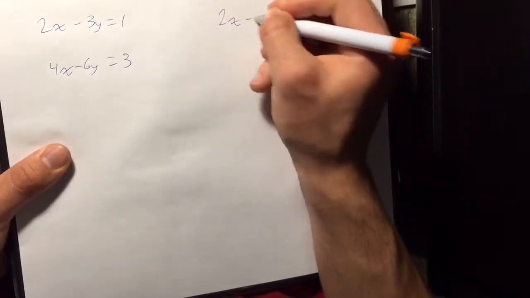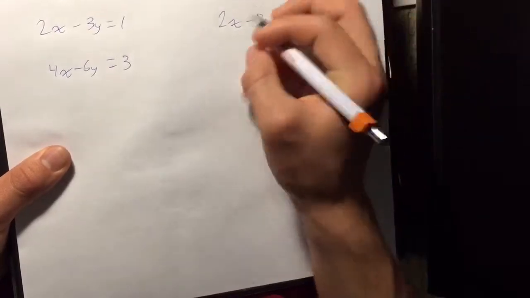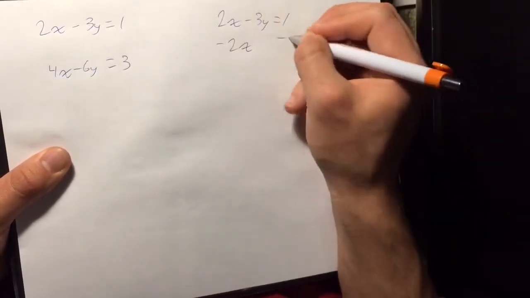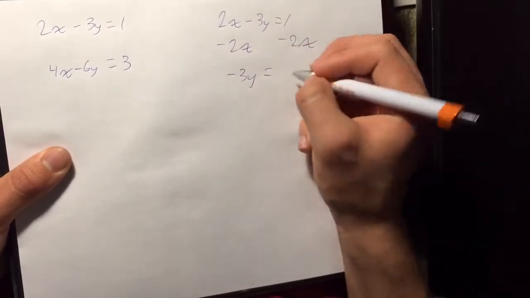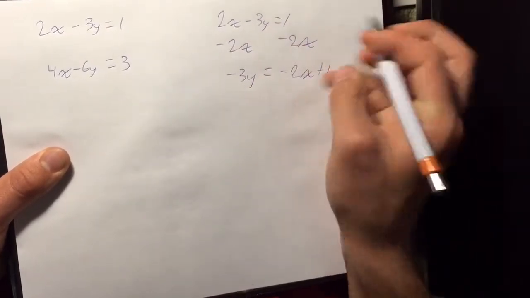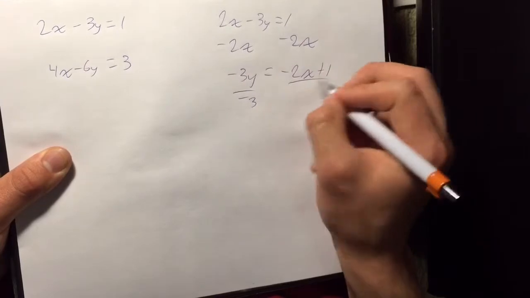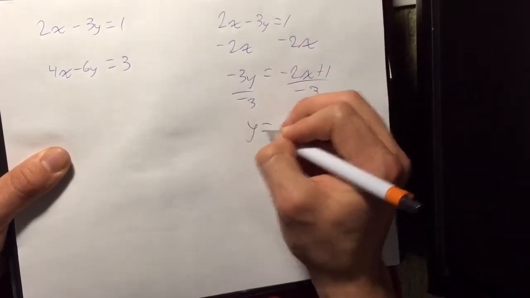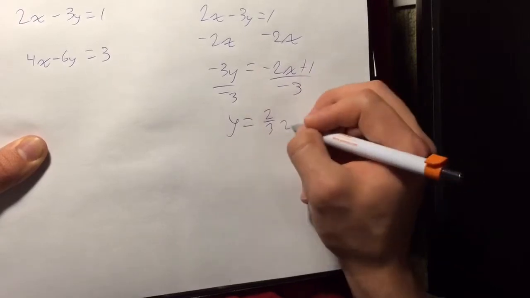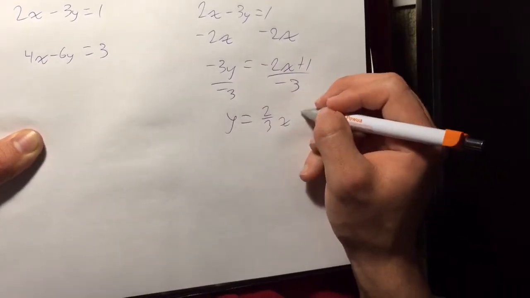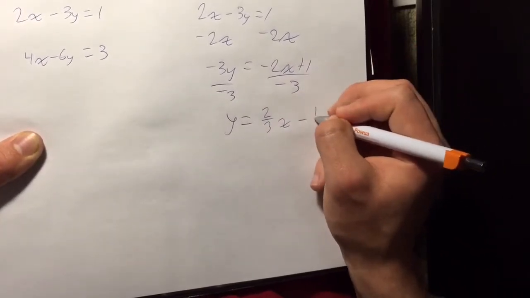So you have 2x minus 3y equals 1. Subtract the 2x from both sides. You get negative 3y equals negative 2x plus 1. You divide both sides by negative 3. You have y equals a positive 2/3 x minus 1/3.